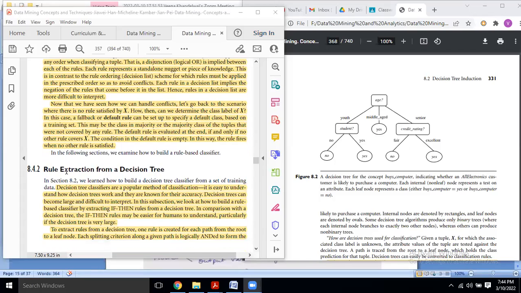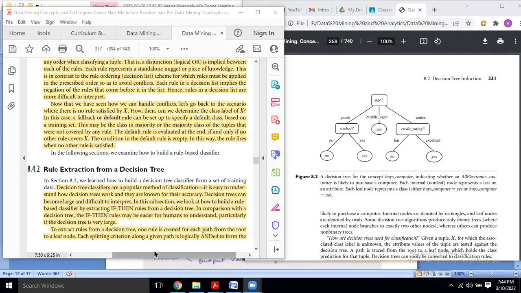Now, how are the rules extracted from the decision tree? We have first learned how a decision tree is formed. We have used decision tree classifiers, and they are the most popular classifiers because they are very easy to understand and also very accurate.